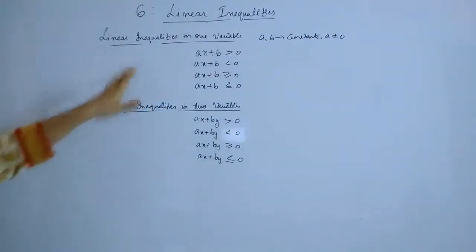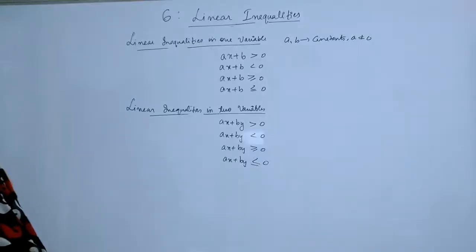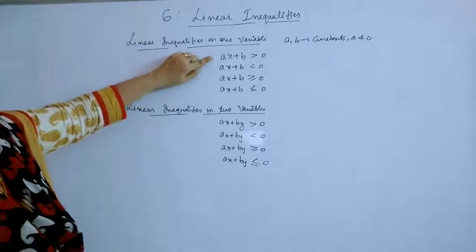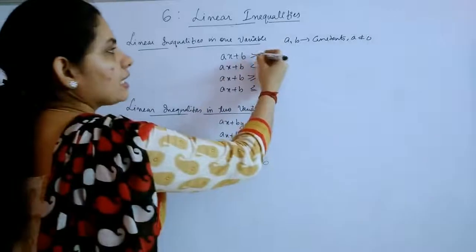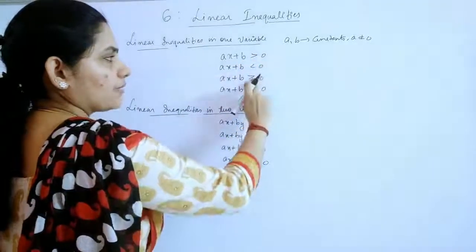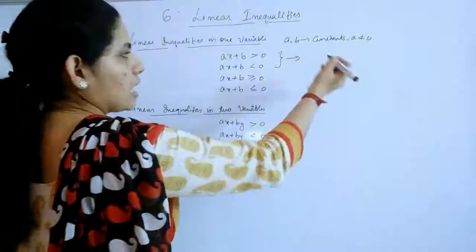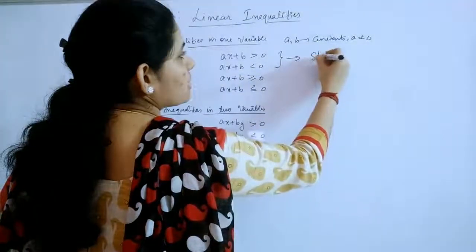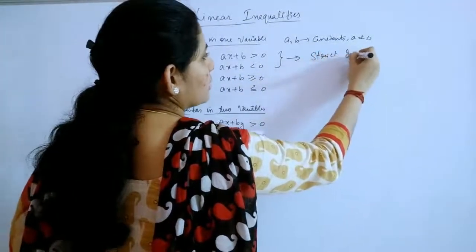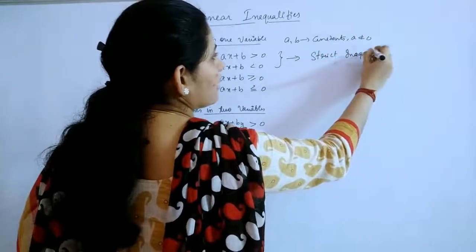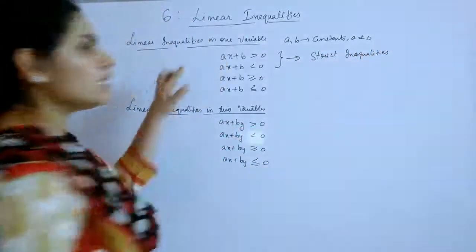So linear inequalities having only greater than or less than, that means you don't have the equal to sign, are known as strict inequalities. That is, strictly they are inequalities.